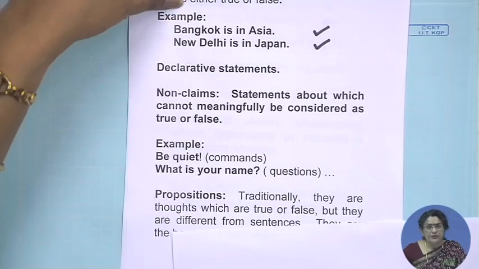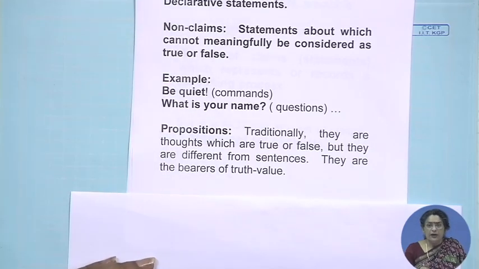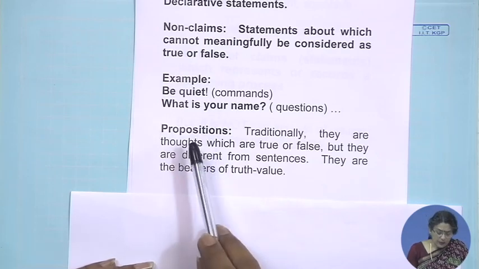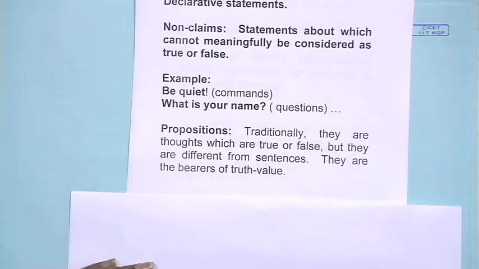Now, here comes our connection to propositional logic. Traditionally, our old understanding of propositions is that they are different from sentences or statements. In what way? Propositions apparently are thoughts. When you articulate them verbally or in language, then they become statements.